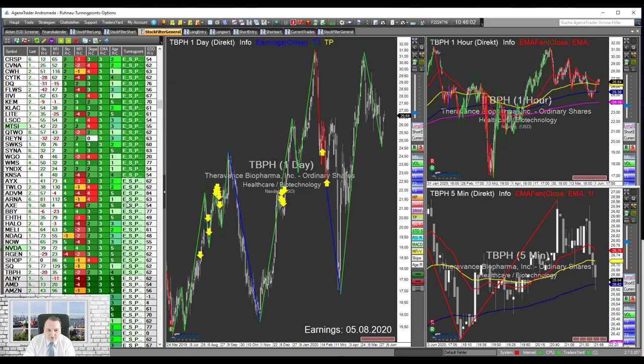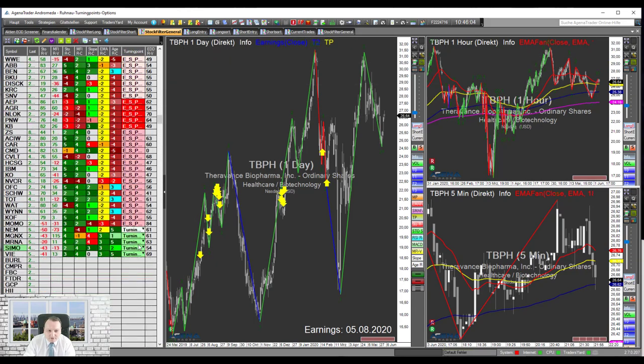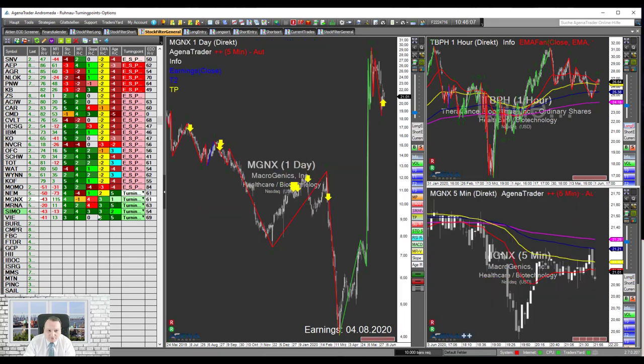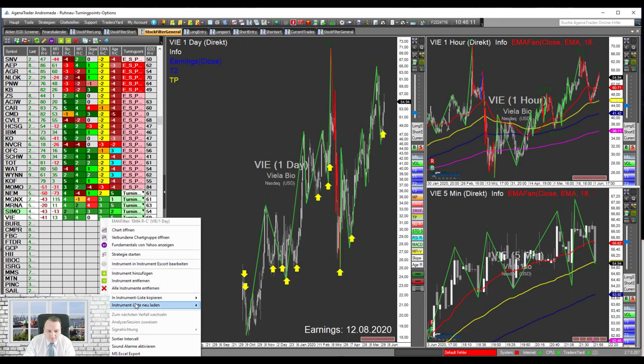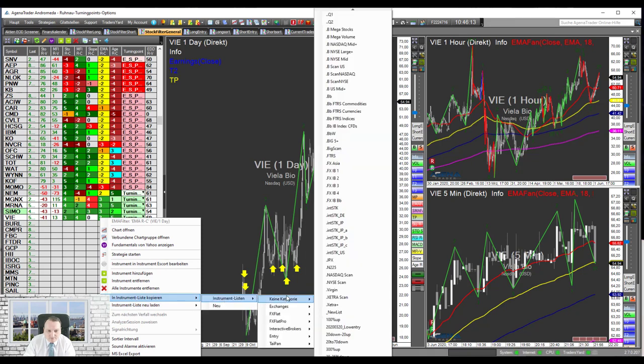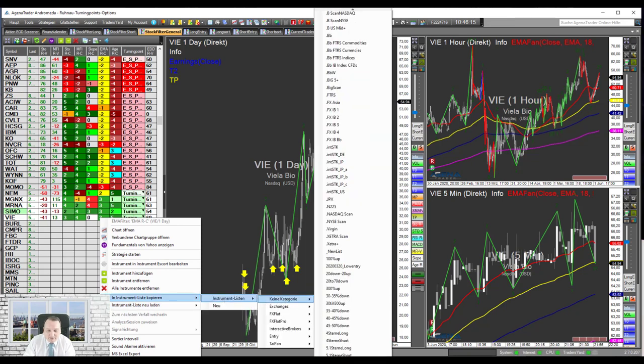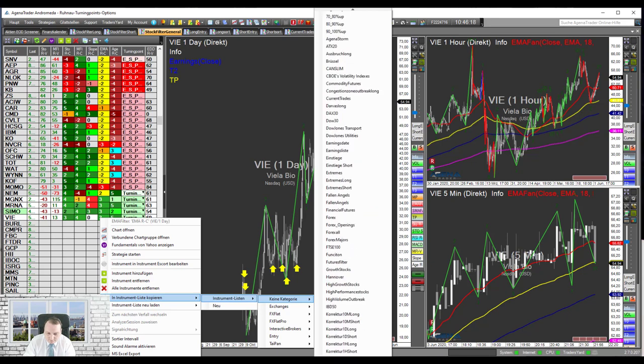And the turning points, the green ones, I put into the long entry list. Straightforward.